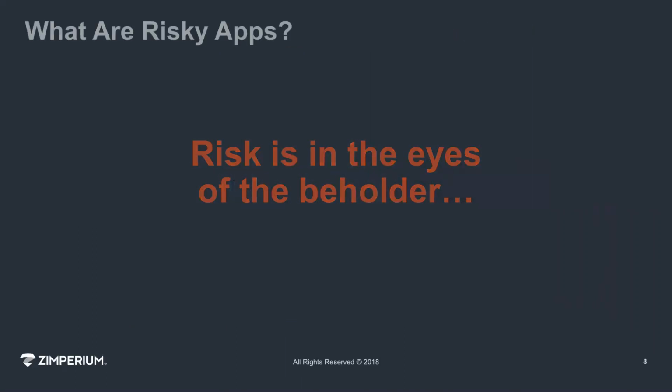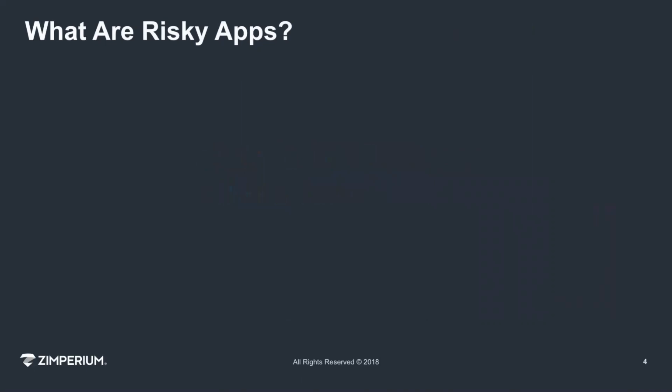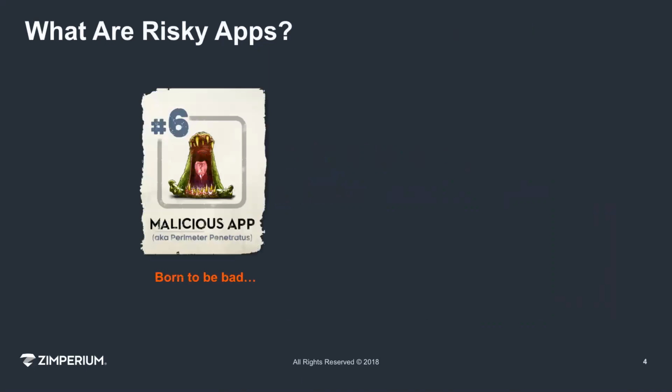So risk is really in the eyes of the beholder, right? And what Ken talked about earlier is there's a difference between risks and threats, right? So what are risky apps? So a malicious app, Ken, is born to be bad, right? So this is some app that's been put out in the marketplace, and they're looking to steal, right?